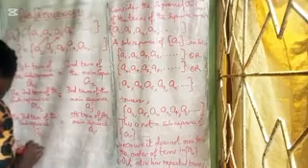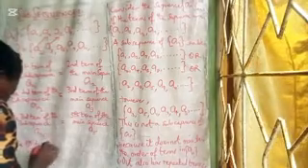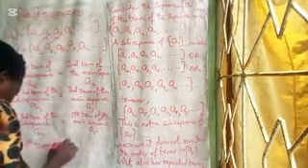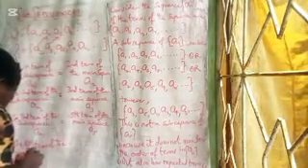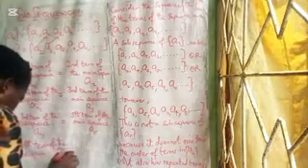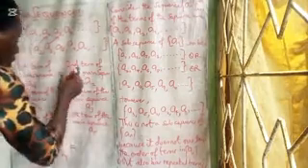The fifth term of the main sequence, a5. The fourth term of the subsequence, a sub n4, is what?